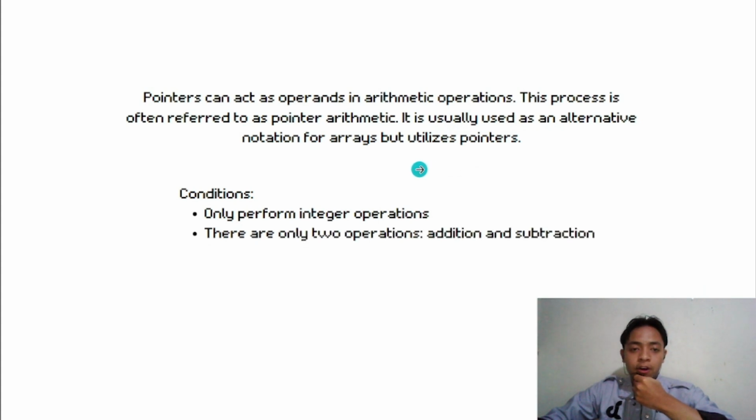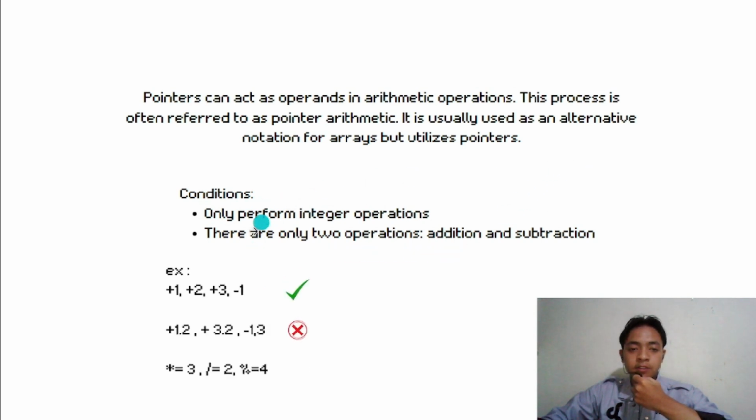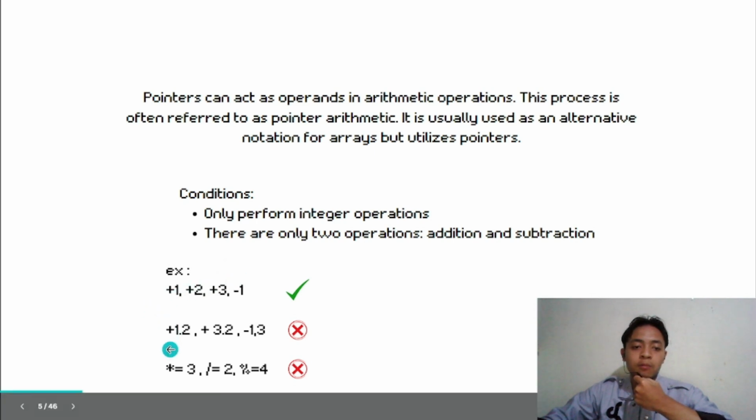The arithmetic operation on pointers is only performed with integer operations, and there are only two operations, addition and subtraction. As an example, you can do +1, +2, +3, or -1, but you cannot do plus 1.1, 3.2, or -1.3.